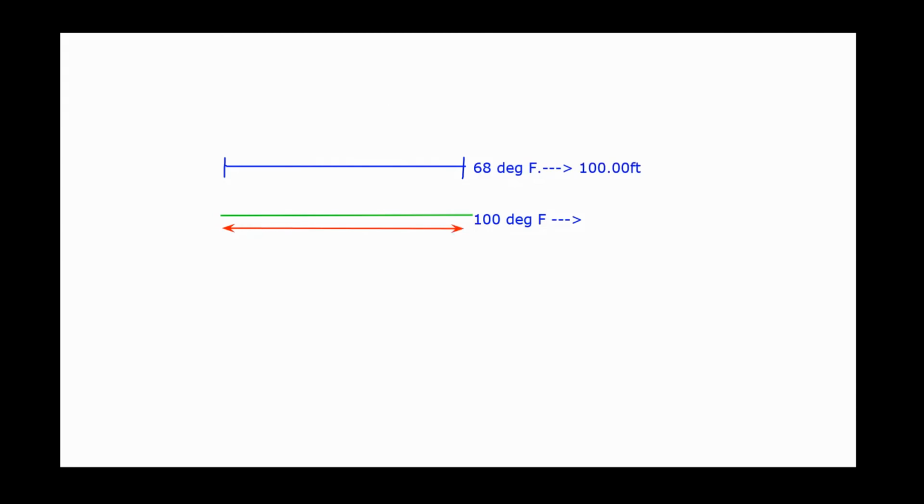The tape is 100 foot. This is what tape is. But that's at 68 degrees Fahrenheit. When it expands, your 100 feet will be a little less. If that doesn't make sense, let's clear our drawing and get it a different way.